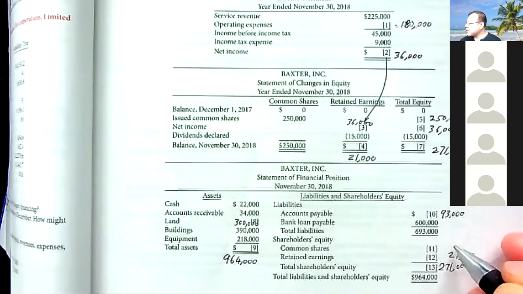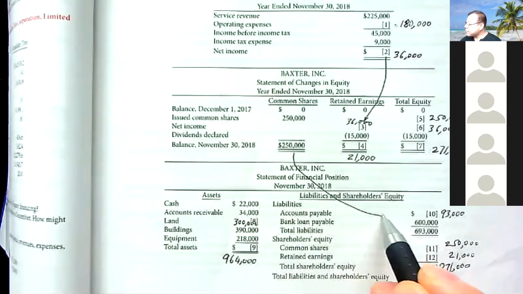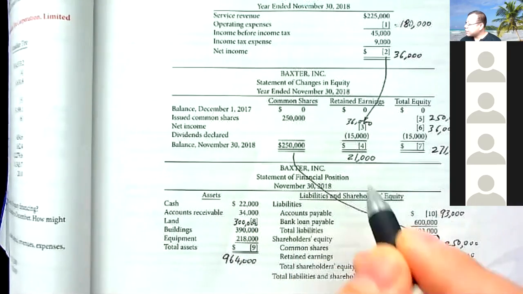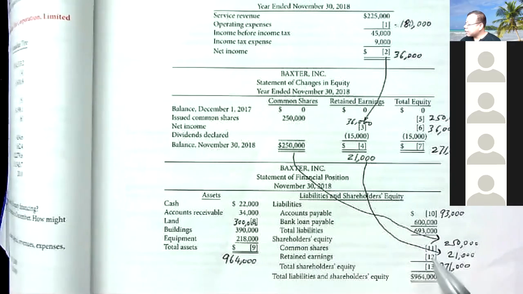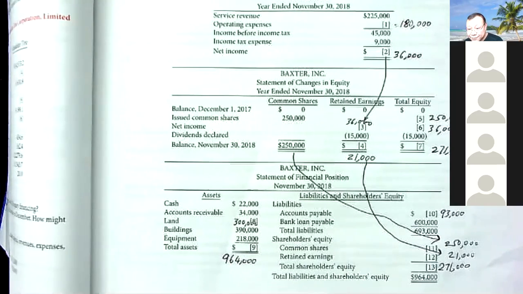And 11, that's the 250,000. Remember, this is where it comes from. This equity information comes from the second statement, right? Is this okay? Does anyone have any questions on this question?